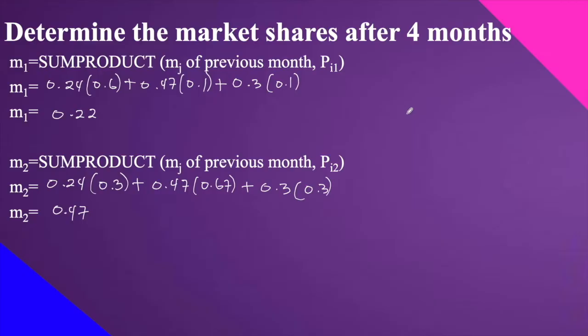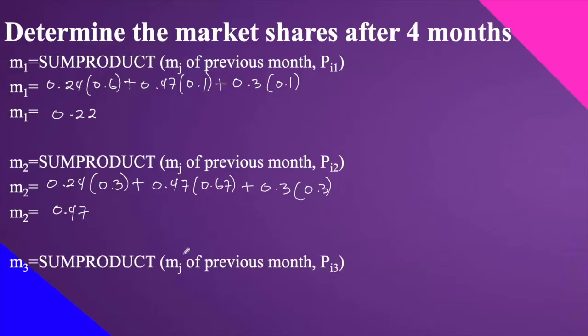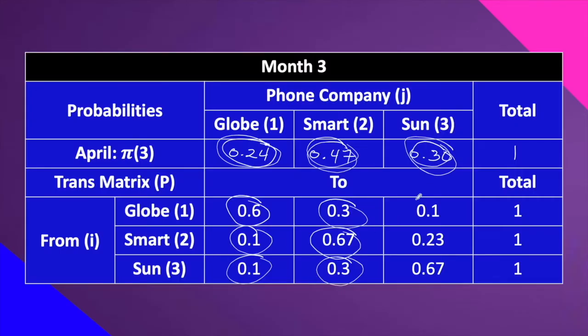Okay, so next tayo. Last one, M sub 3 or the market share of our third player, which is the Sun. Some product of M sub J of previous month and the P sub I3. Ito po yun, no? Itong column na yan.